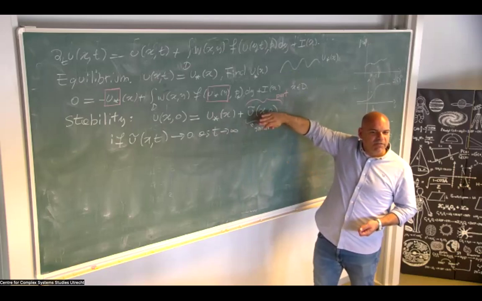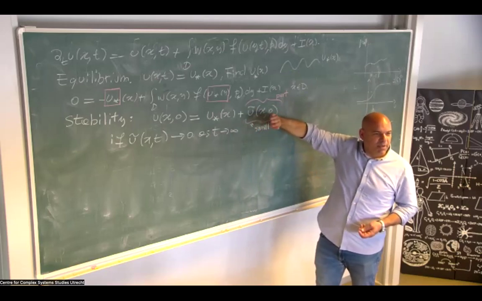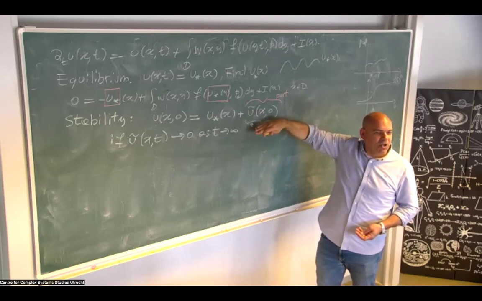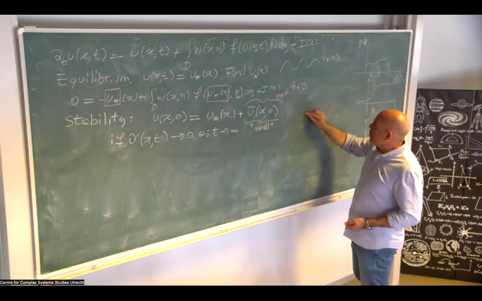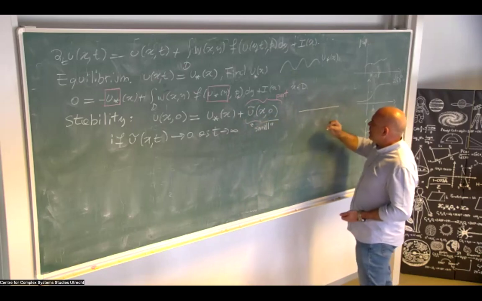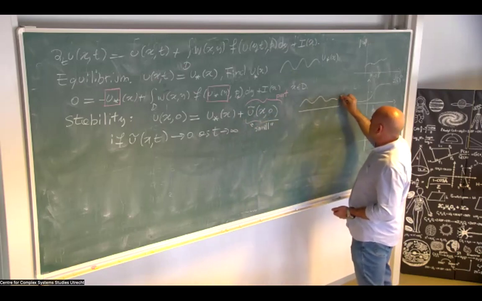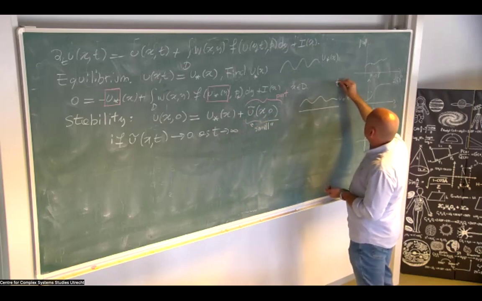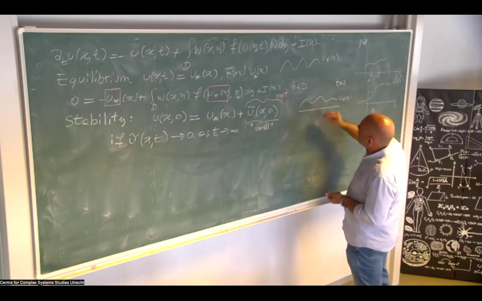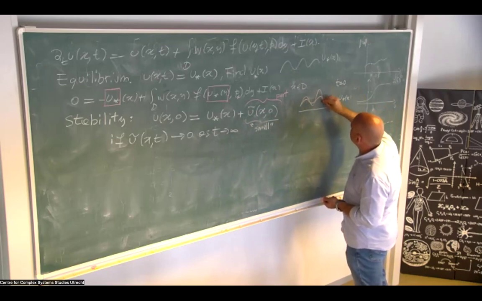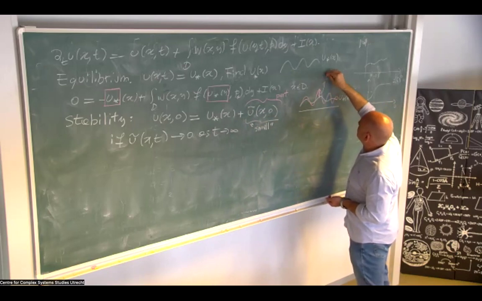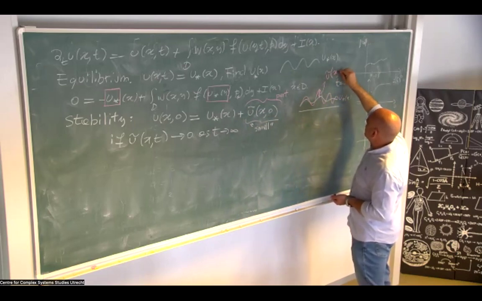I'm conscious that if you've never seen Turing bifurcation, this might be a big step. So can I just do a quick round of, do you understand this concept? Have I made it clear? So the way I want to picture it, with a film perhaps, is that I have a steady state, u star of x, and at time t equals 0, in a color hopefully, I just perturb this, and at each point over there, I have a perturbation u tilde of x at time t.